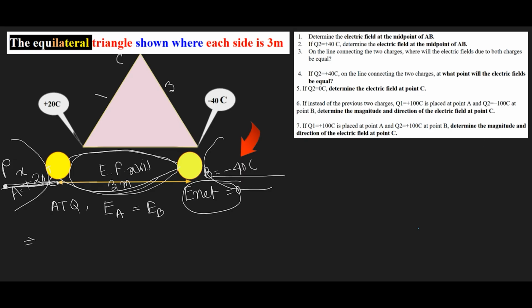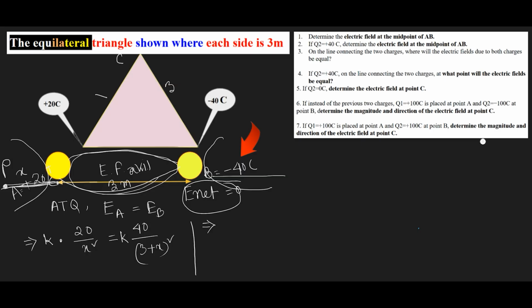So EA is equal to the constant K, charge 20 over X square, equal to charge 40 over 3 plus X whole square. Let's solve this problem.